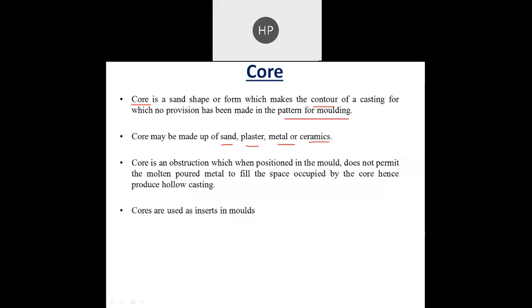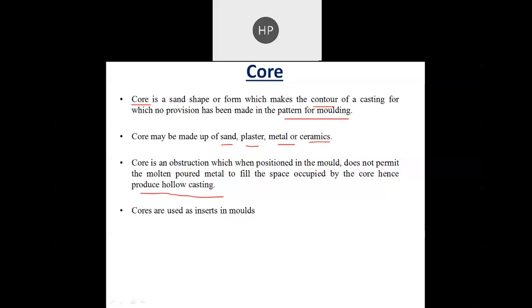And a core is an obstruction which, when positioned in the mold, does not permit the molten poured metal to fill the space occupied by the core, and hence produces a hollow casting. So this is the use of the core. What will the core do? The core will produce a hollow casting.